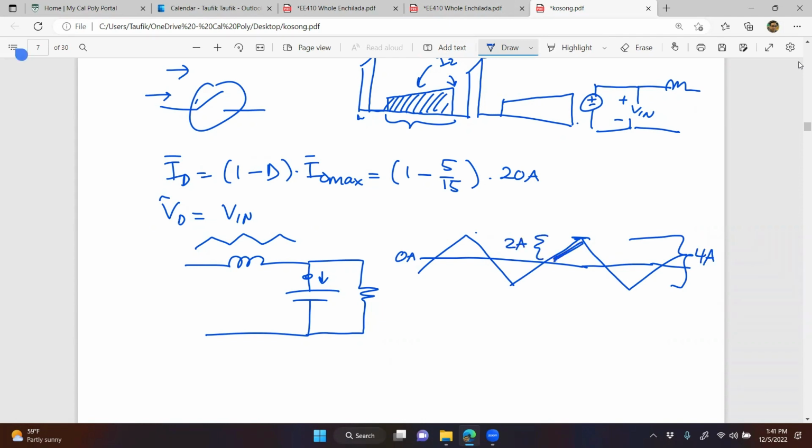And so the RMS for output capacitance of a buck, that's easy. That's just a triangular waveform. So I C out RMS is equal to delta IL over 2 over root 3 for a triangular waveform. That's going to be 2 amps over square root of 3.